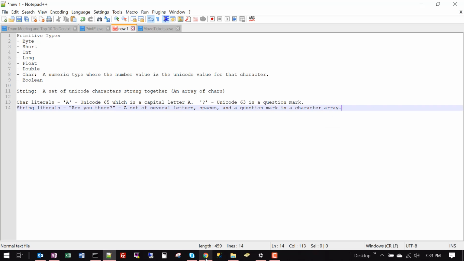And that literal is assigned to a variable just like any of our primitive types are. So what we do when we create a new string is we create a character array that holds several characters, which we can call a string, and deal with it as a single unit. And we're going to play around with that a little bit in our examples today.